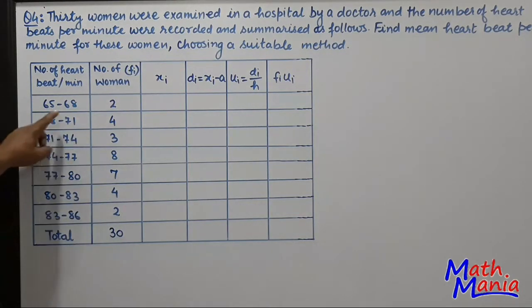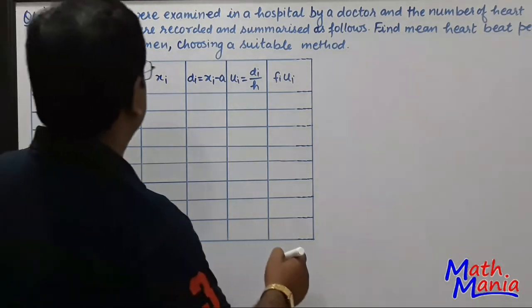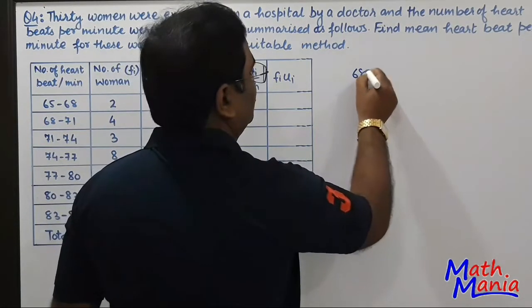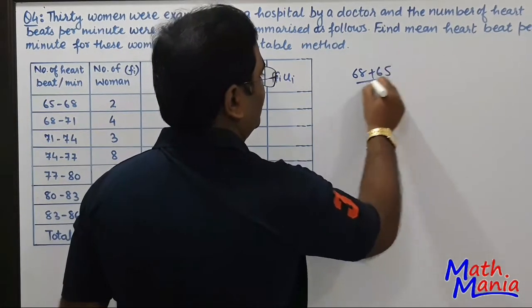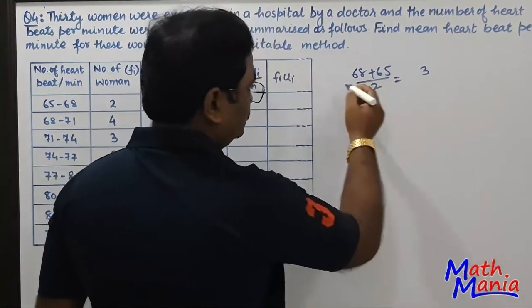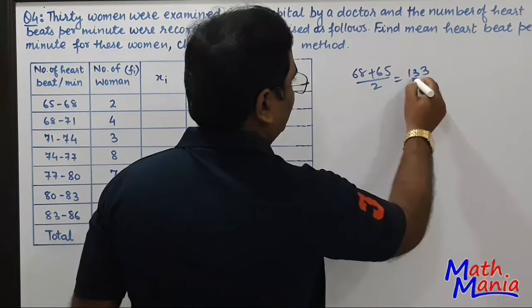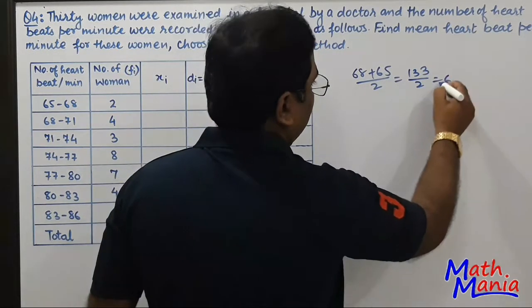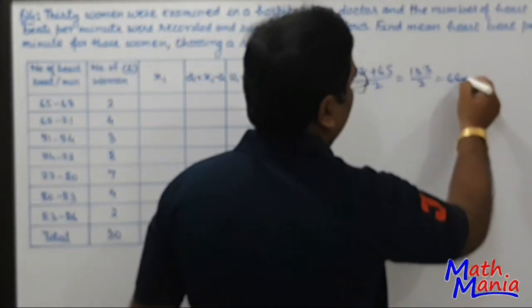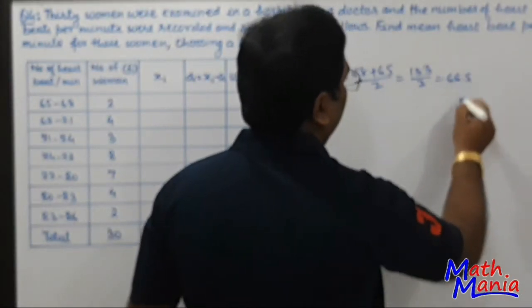So this will be equal to 65 plus 68 upon 2, which is 133 upon 2, which is 66.5.